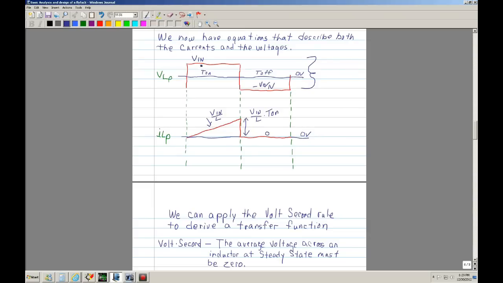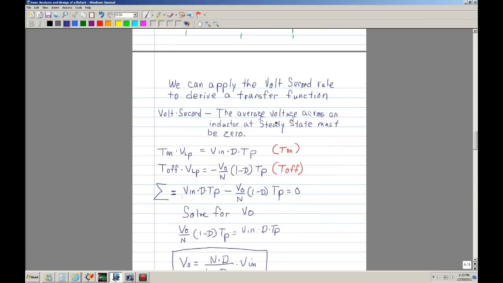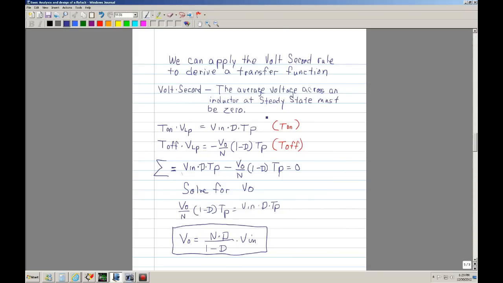We know that during the on time, the voltage across the inductor is going to be Vn, and the time is T on, and during the time off, the voltage is negative V out divided by N. So we have these two equations. During the T on time, the voltage across the primary is really Vn times the duty cycle times the time period.